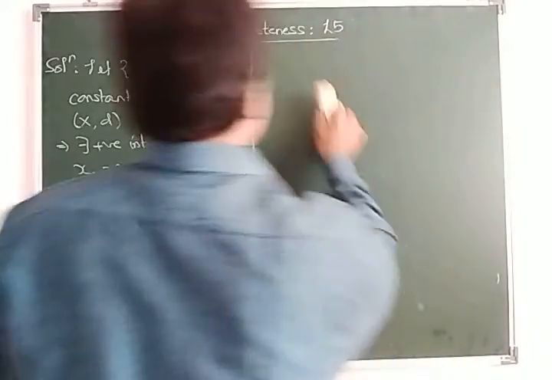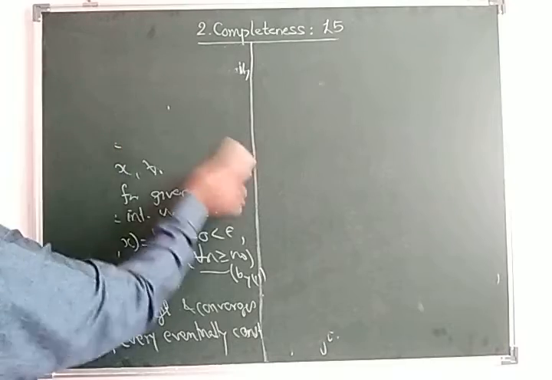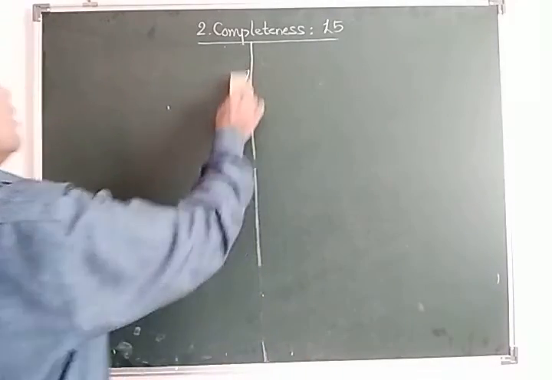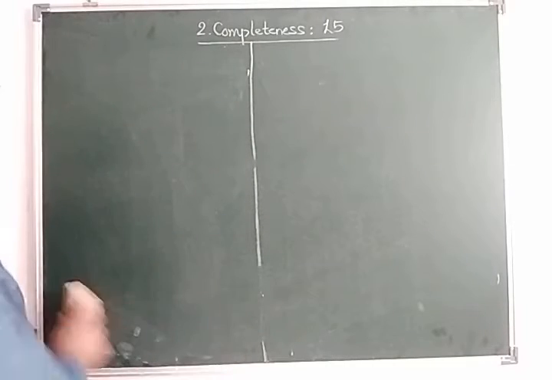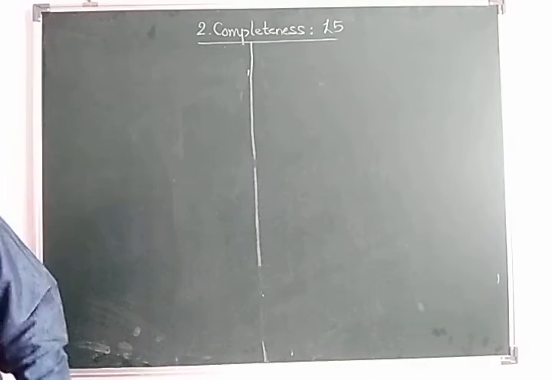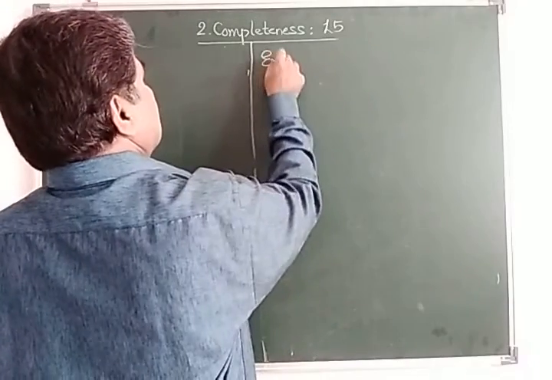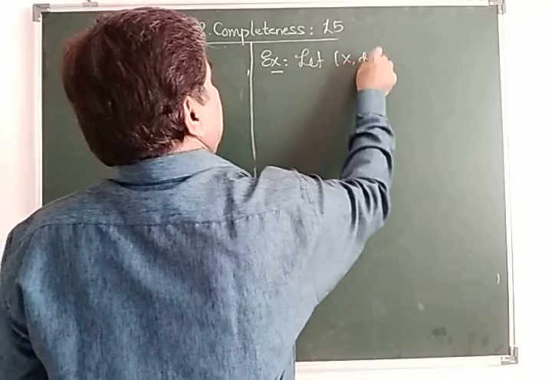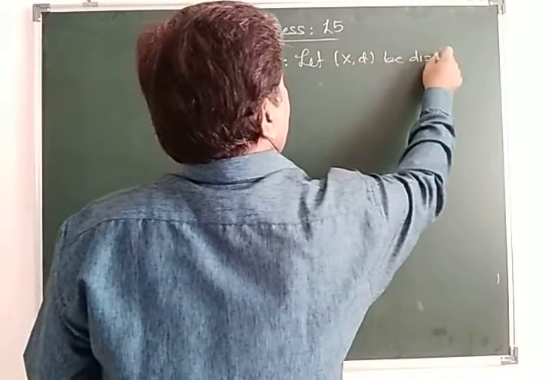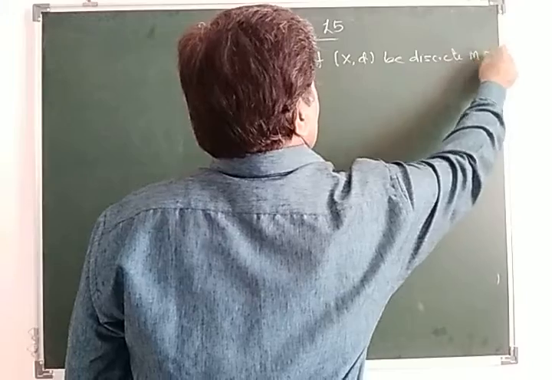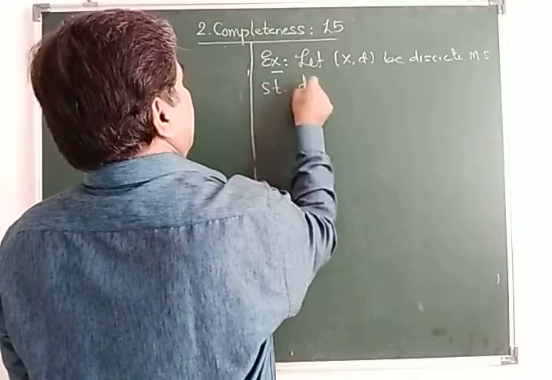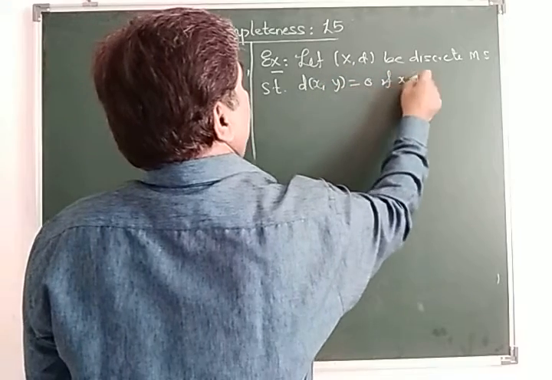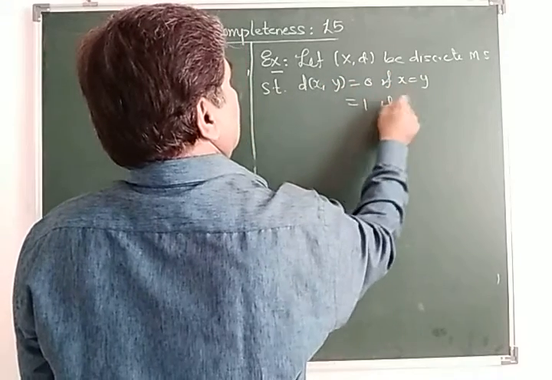Now, in discrete metric space, we'll prove that every Cauchy sequence is eventually constant. Next example: let (X, d) be a discrete metric space such that d of (x, y) is 0 if x is equal to y and it is 1 if x is not equal to y.